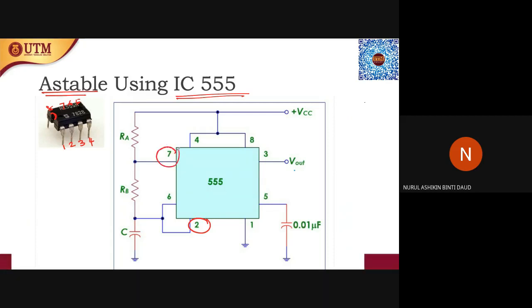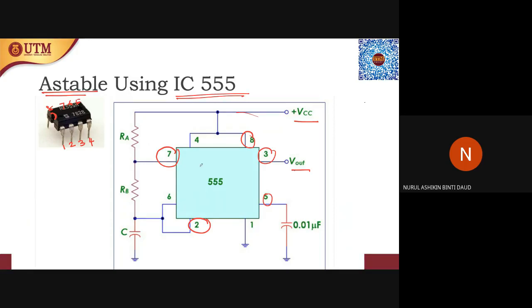Pin number 7 is used for discharging of this capacitor. Pin number 8 and pin number 4 will be connected to the positive VCC. Pin number 3 will be the output. Pin number 5 has another capacitor, which is at the output here.